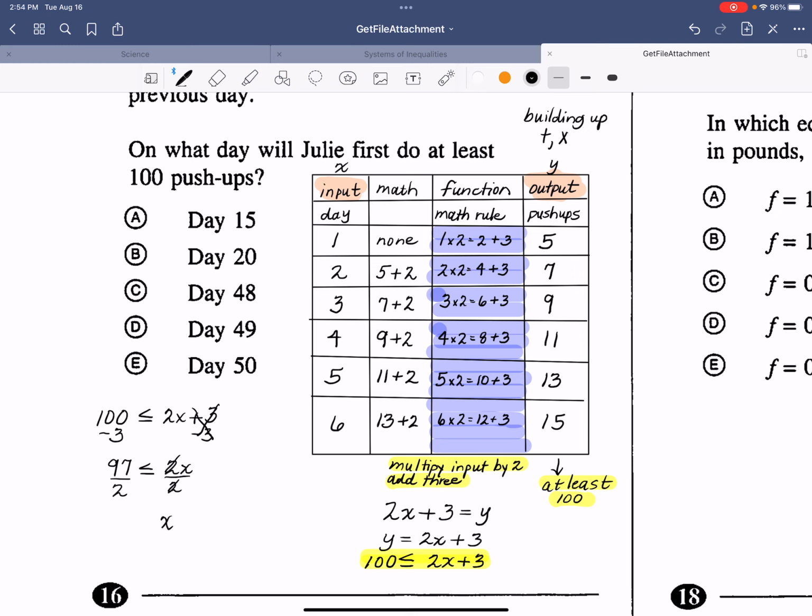So I have x is greater than or equal to, and remember x is the number of days. So 2 into 9 is 4. 2 into 17 is 8. So x would have to be greater than or equal to day 48.